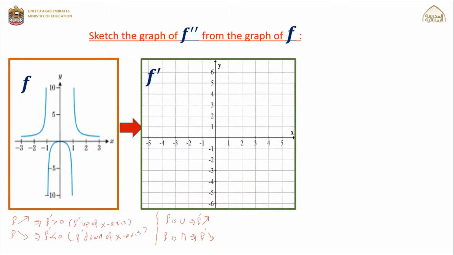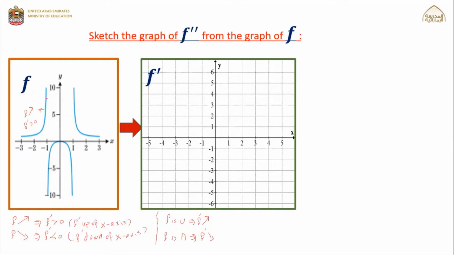Now we will start and sketch f prime. From minus infinity to minus 1, function f is increasing. So here in this part, f is increasing. That means f prime is greater than 0.